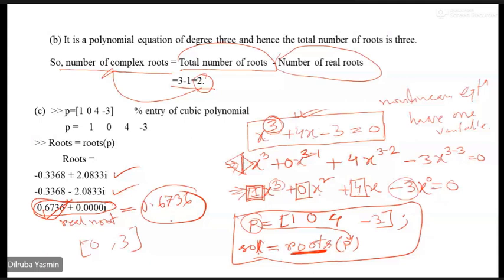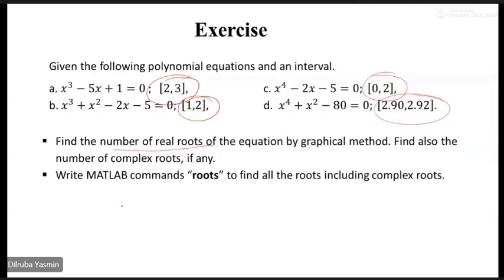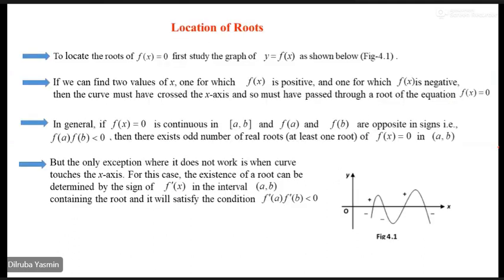Otherwise, you won't get the correct answer based on the question. Practice this question because a similar type of question could arise in any assessment.